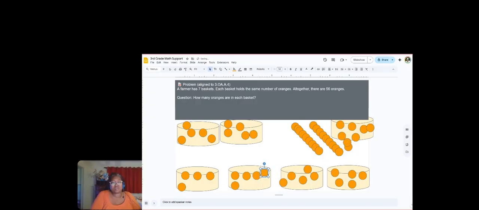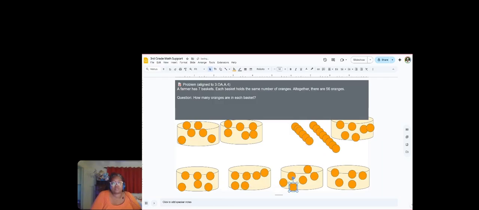This is going to become increasingly important, especially when you're doing algebra and pre-algebra a few years from now. But even now, we can still use equations to be able to figure out unknown numbers.